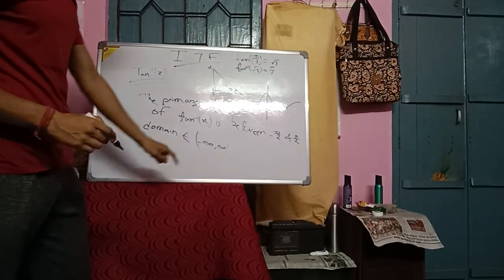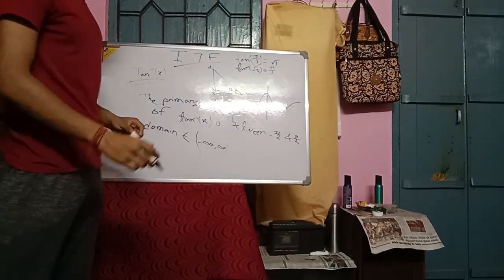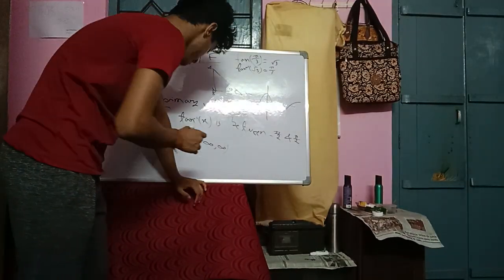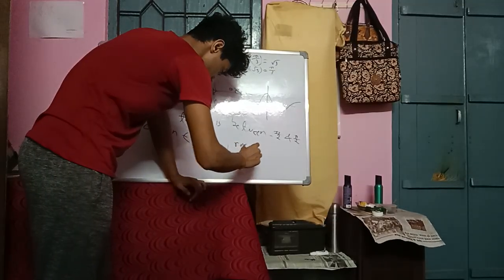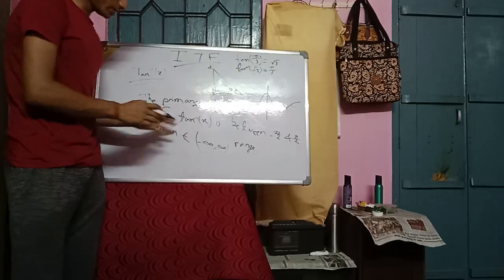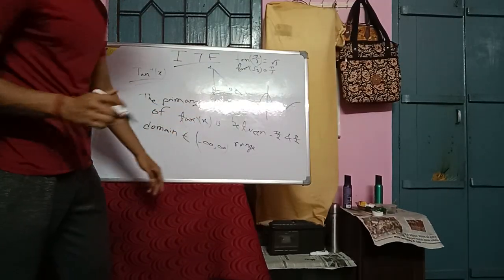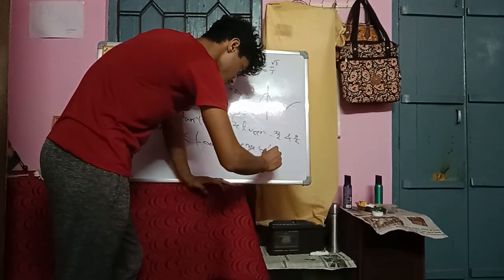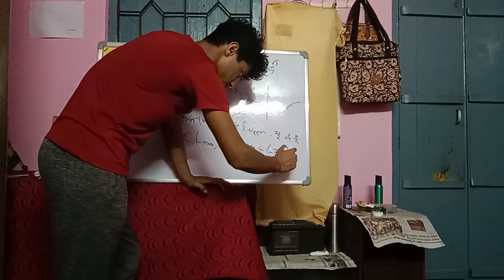It cannot touch negative infinity or positive infinity, because infinity is undefined, so you can never reach there. And the range, where the domain is the possible input values and the range is the possible output values, is going to belong to a set from minus pi over 2 to plus pi over 2.